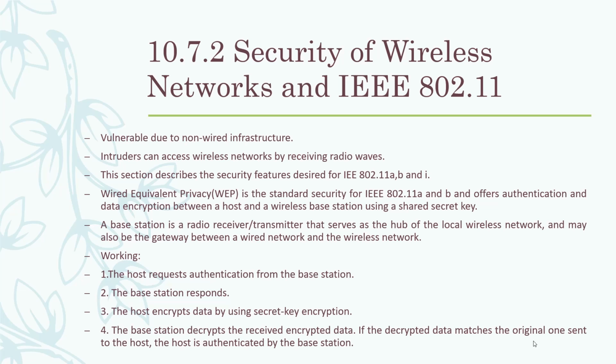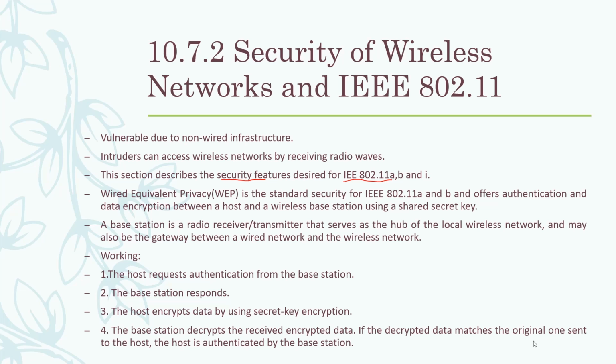Security of wireless networks and IEEE 802.11. Wireless networks are vulnerable due to non-wired infrastructure. Intruders can access wireless networks by receiving radio waves carrying the packets. In this section, we are going to describe the security features designed for IEEE 802.11 a, b and i.